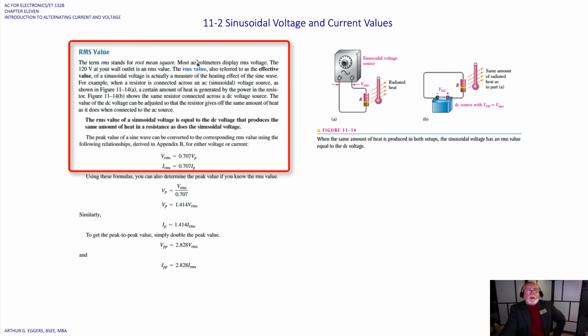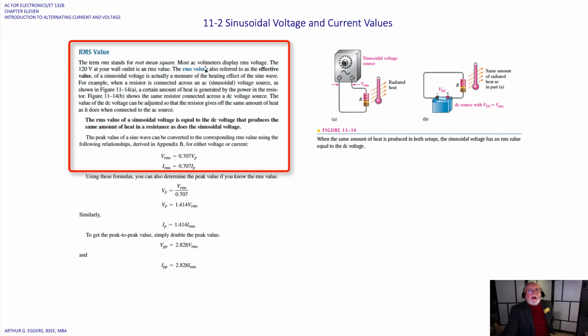So the voltmeters that you'll use in your lab, most of them are going to display your values in RMS. Some of them do it in average. Only on your oscilloscope will you see the instantaneous value. So the 120 volts at your wall outlet is 120 volts RMS, root mean square.